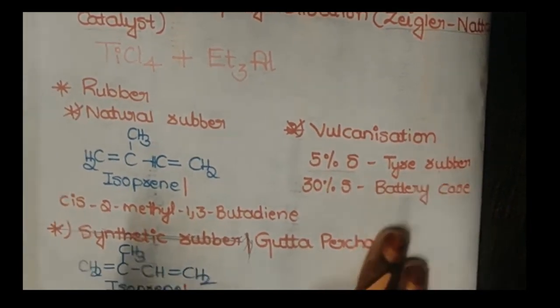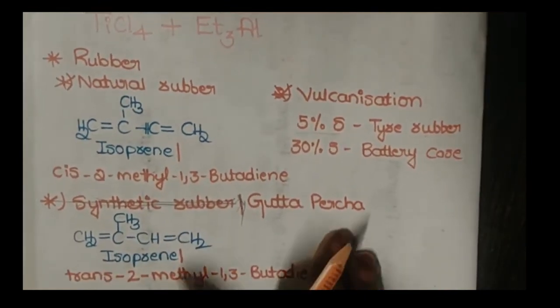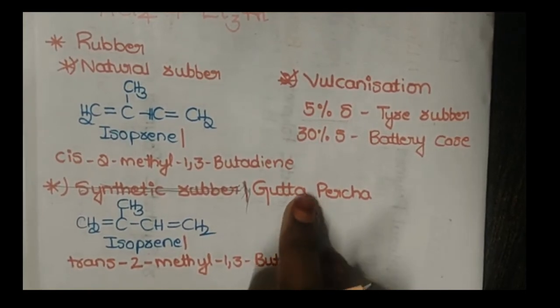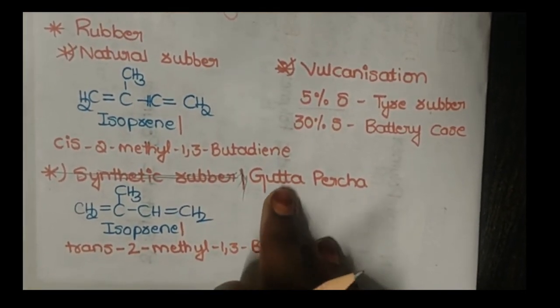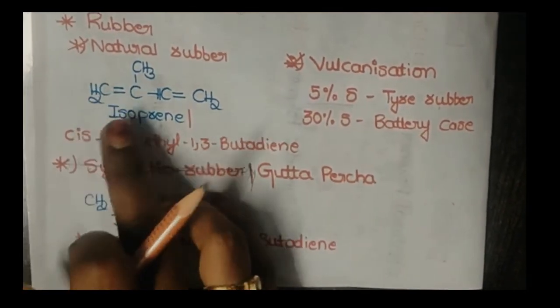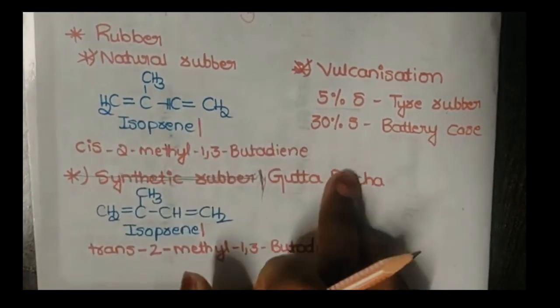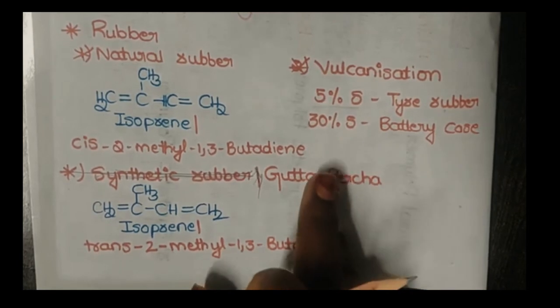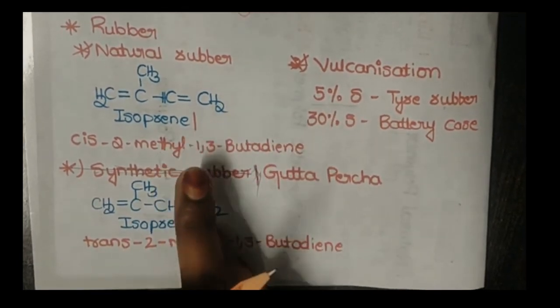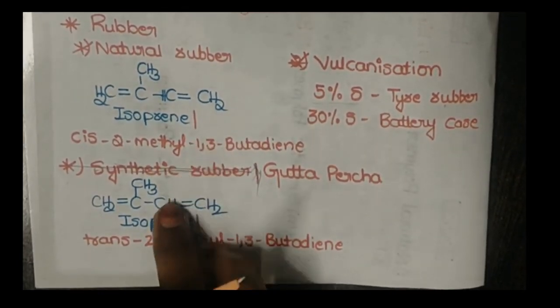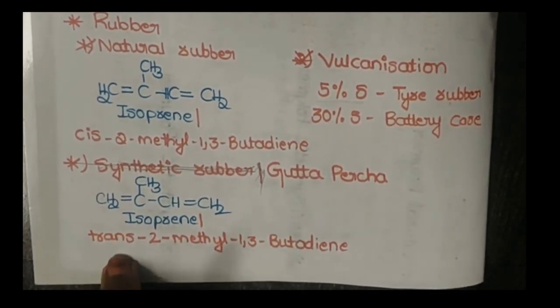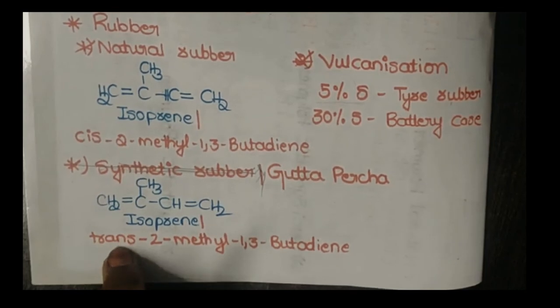So the next is, for your NEET and competitive exams, you should know about Gutta-percha. This is a very important question: the difference between natural rubber and Gutta-percha. So listen carefully. Gutta-percha is also a natural rubber itself, but here it has an isoprene unit in the trans form.